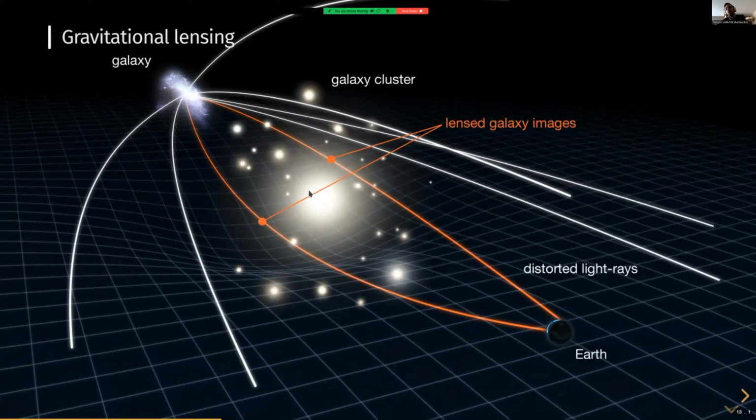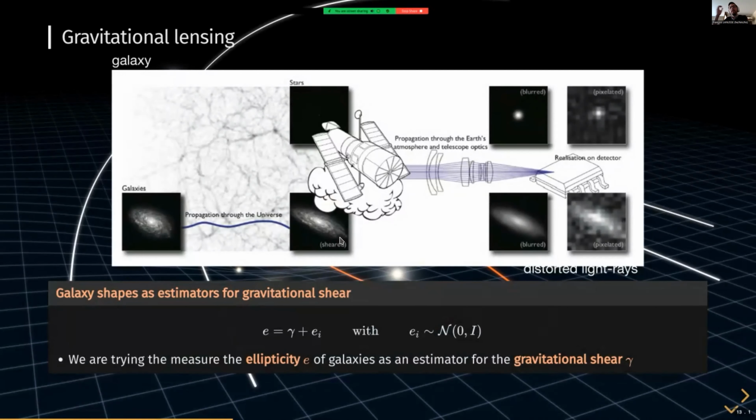When you have a very heavy structure in the middle, it deviates the light from these background objects to the point that it can change the shape of the galaxy that we see in the background. It acts as a gravitational lens. Here is another picture of the same effect, where I have a galaxy that is far away from us.